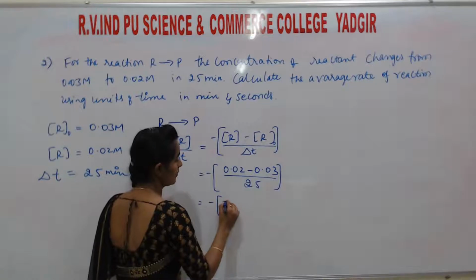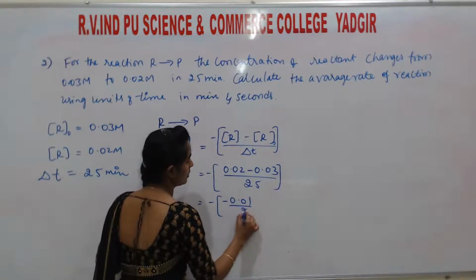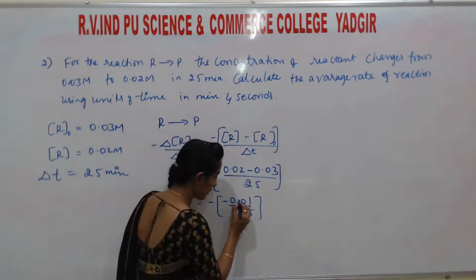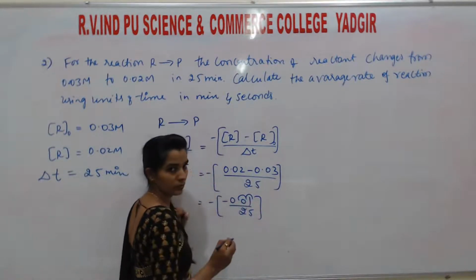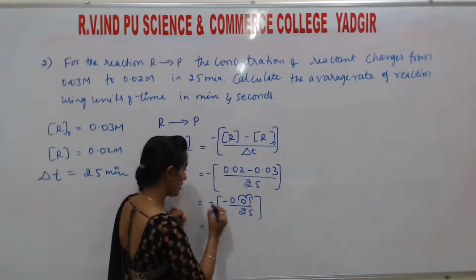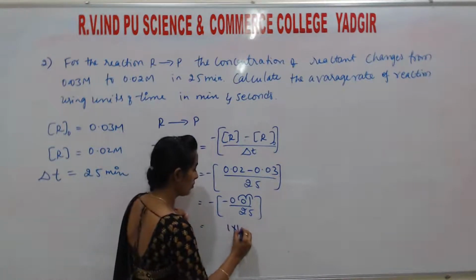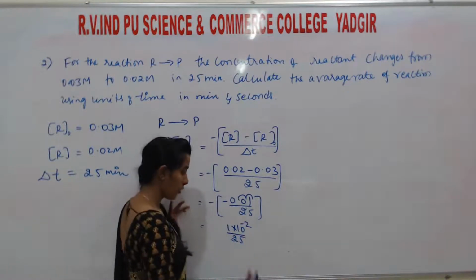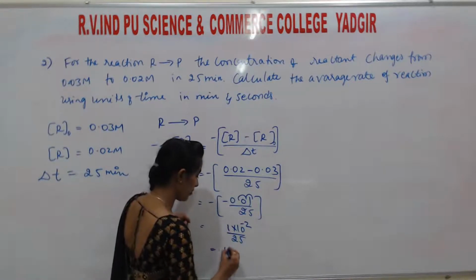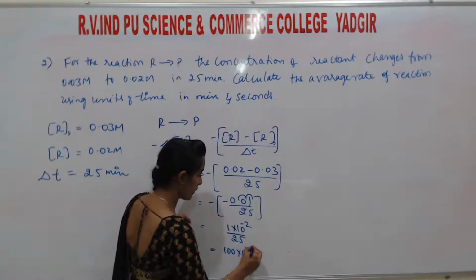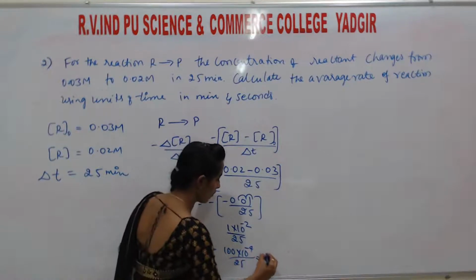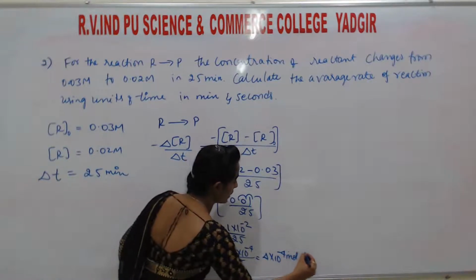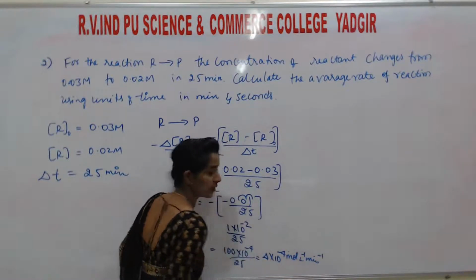So that is minus 0.01 divided by 25. So students, if we shift this power here, 1, 2. So that is minus into minus plus 1 into 10 power minus 2 by 25. Now if you made it into 100, then it is 10 to the power of minus 4 by 25. That is 4 into 10 to the power of minus 4 mole per liter minute inverse.